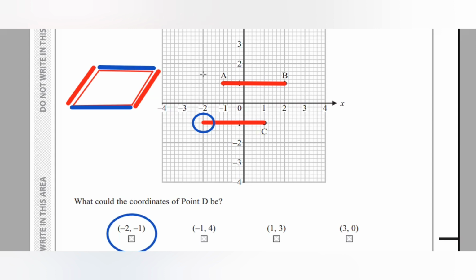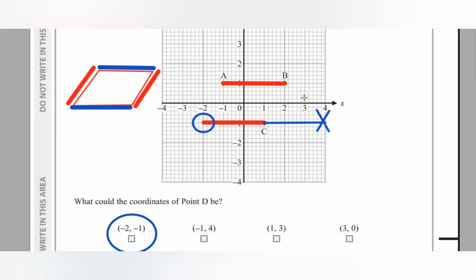Now if I go that way, let me check if the point exists. If I go that way, I have to stop here, and the coordinates here are 4 and -1. Do I have a 4 on the x? I don't. So this one is not the right answer.